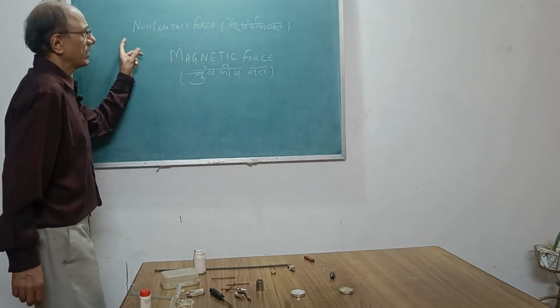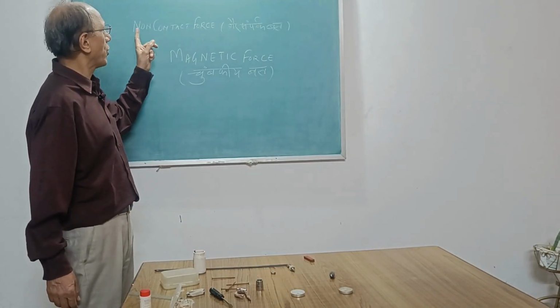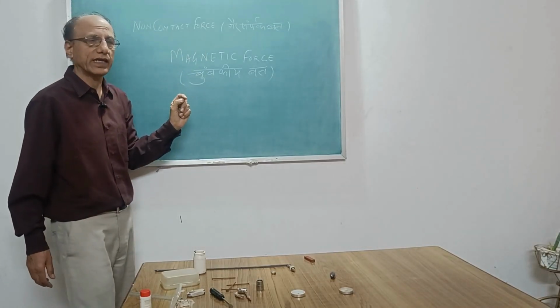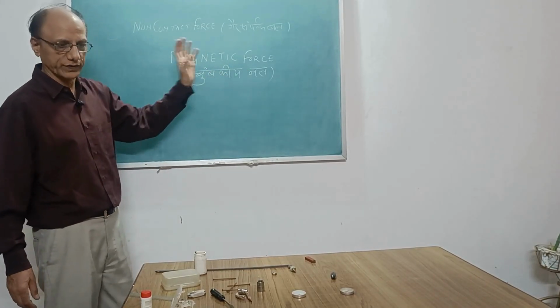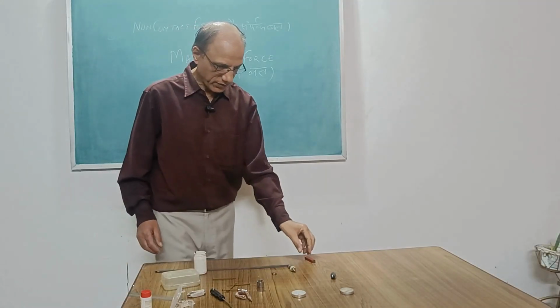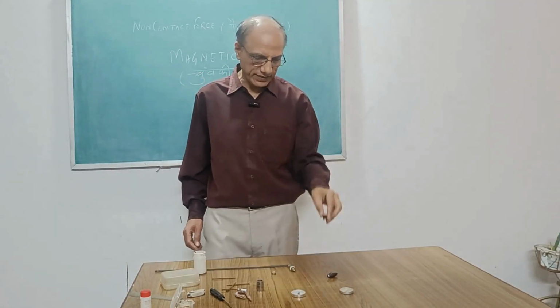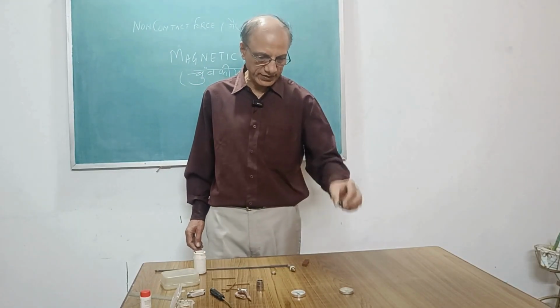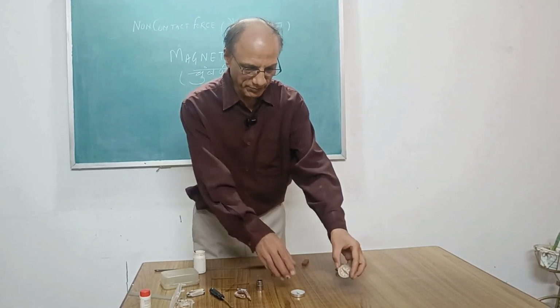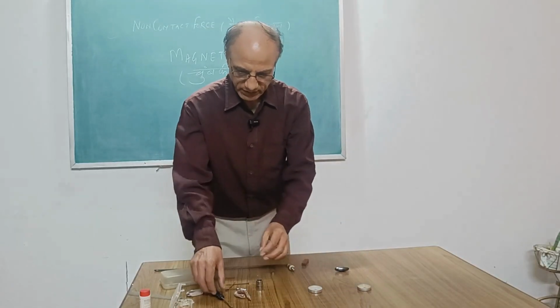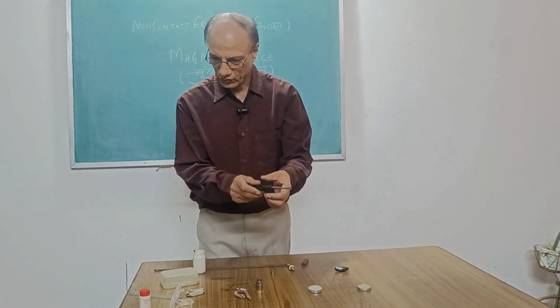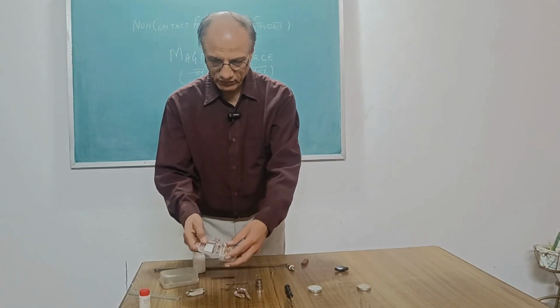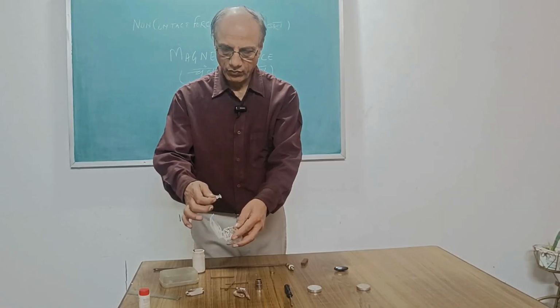Now, the third non-contact force is magnetic force. So here we have this bar magnet. This is also a magnet. These are the compass needles. This is the screwdriver. These are some board pins.